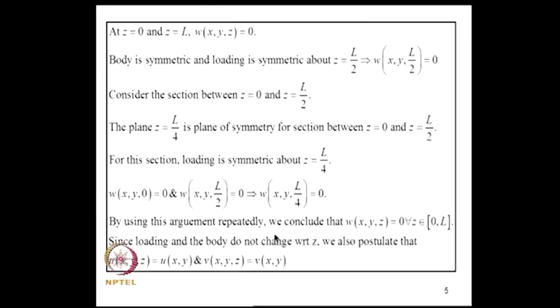So, we can repeat this argument to reach the conclusion that w is 0 for all z between 0 and L. Since loading and body geometry do not change with respect to z, we also postulate that u and v are functions of x and y alone.